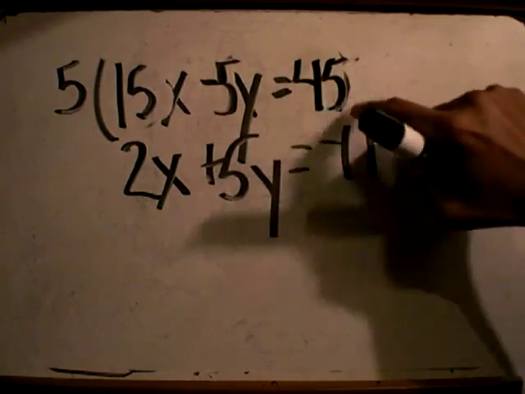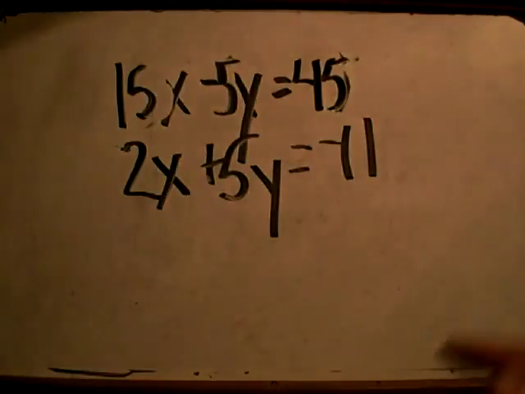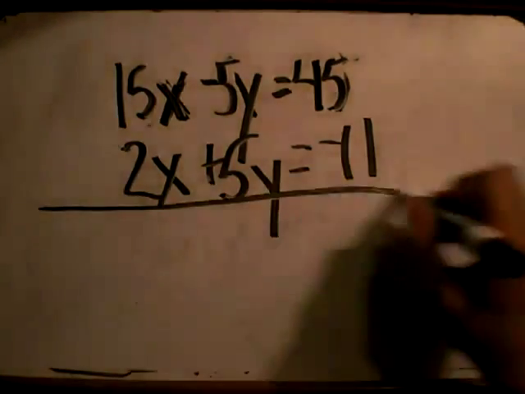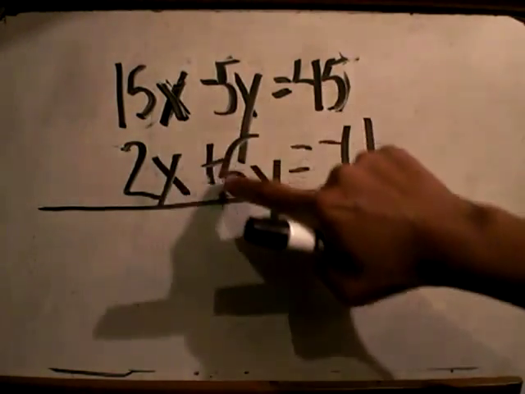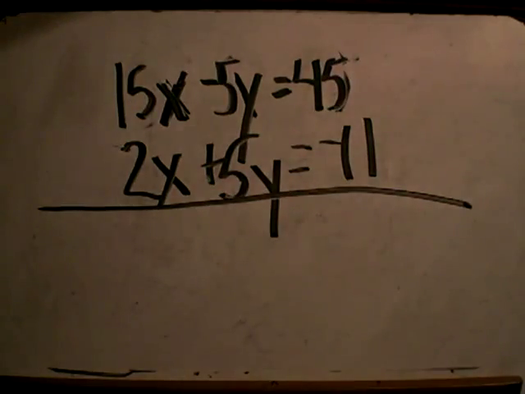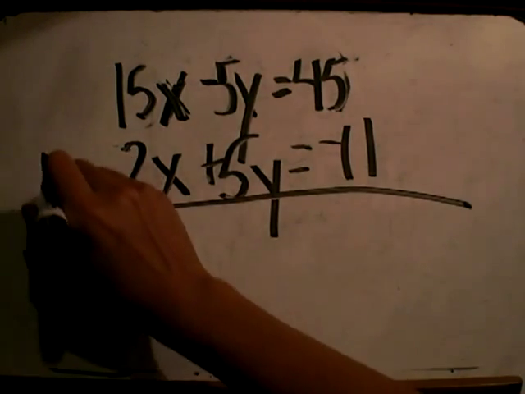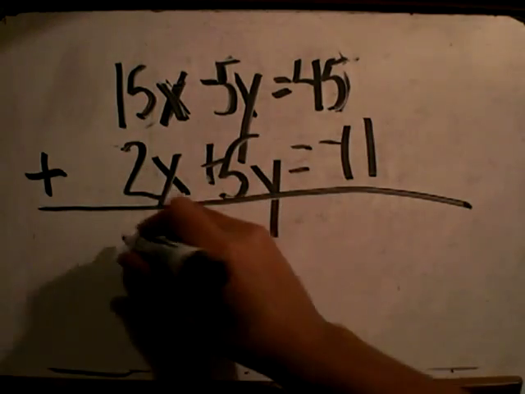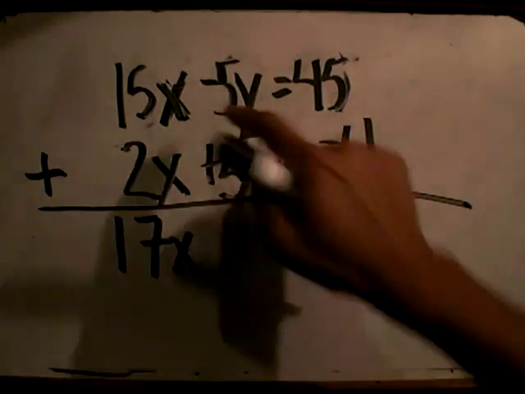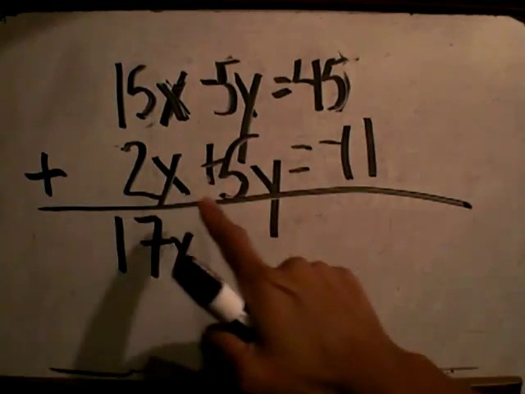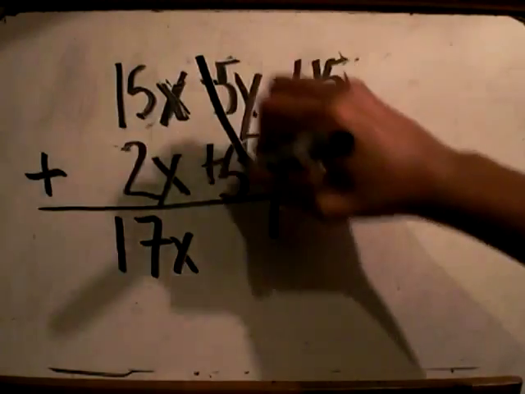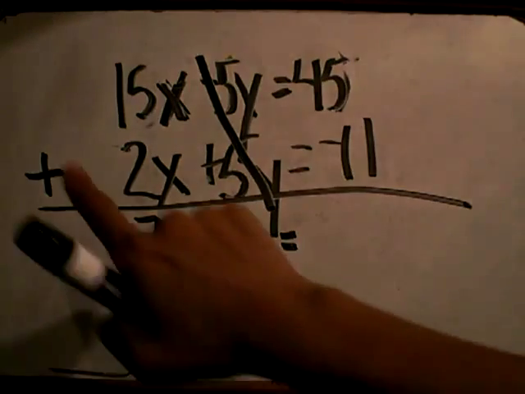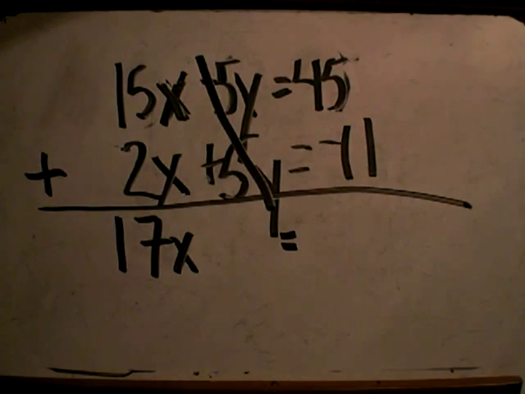So that's my new equation. Now these coefficients are opposite of each other, so we're going to add them. 15x plus 2x equals 17x. And -5y plus +5y is 0, so that cancels out.